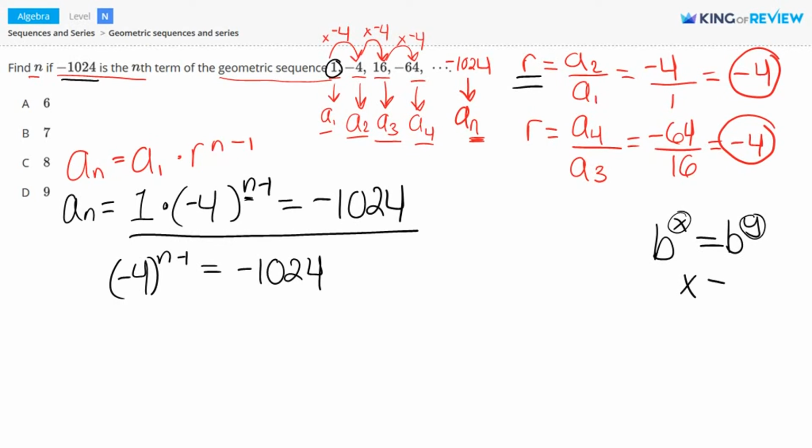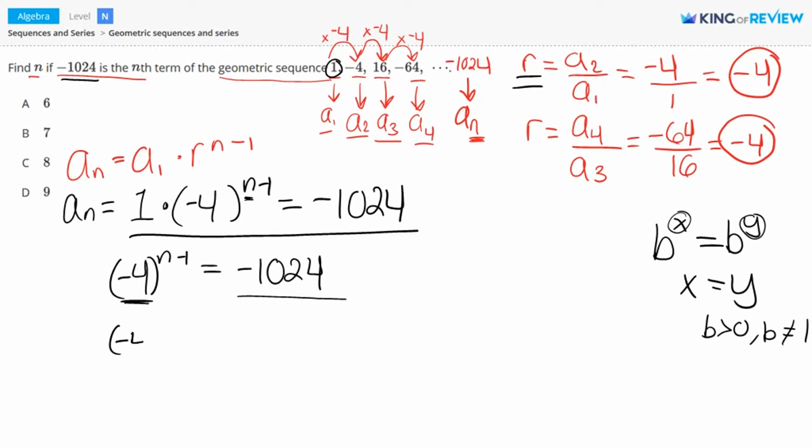So x equals y. This is true as long as b is greater than 0 and b is not equal to 1. So if we can make negative 1024 have a base of negative 4, then we can set their exponents equal to one another.